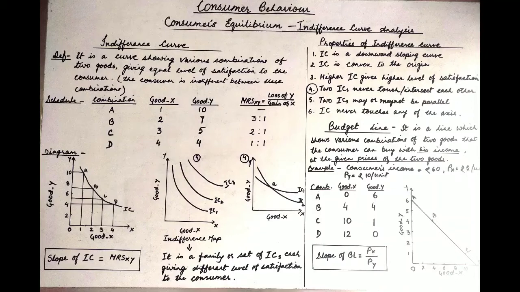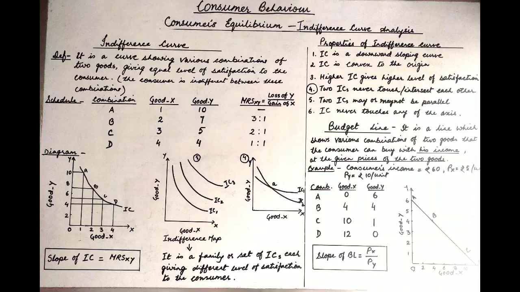Now, fourth property is two indifference curves never intersect each other. This is an important property of indifference curves. Two curves may lie close to each other, but they never intersect or touch each other.